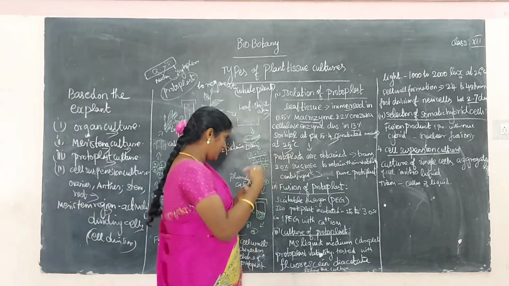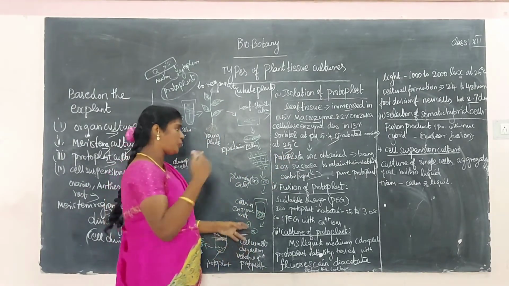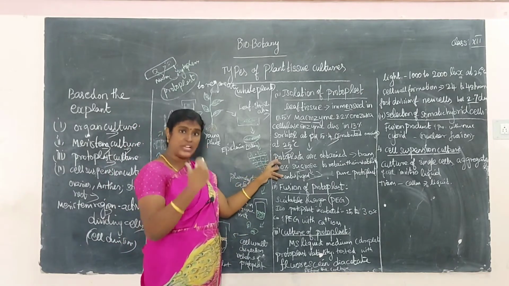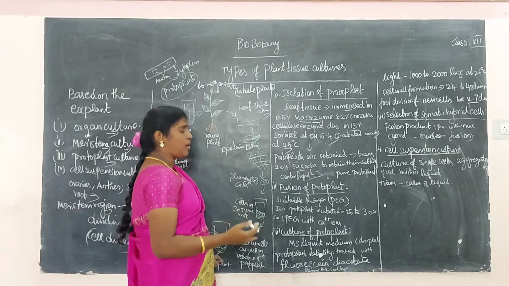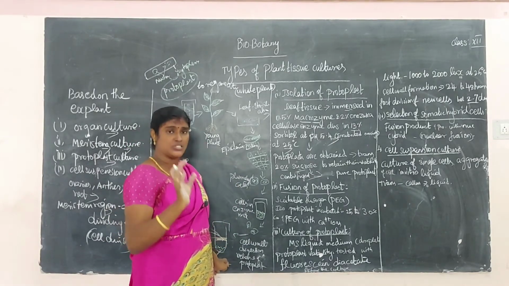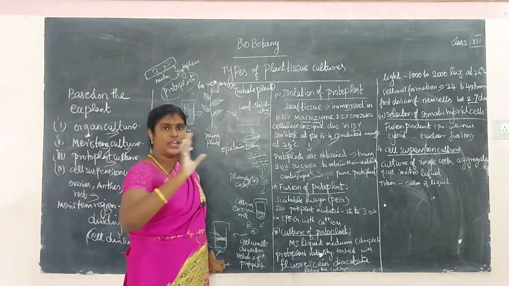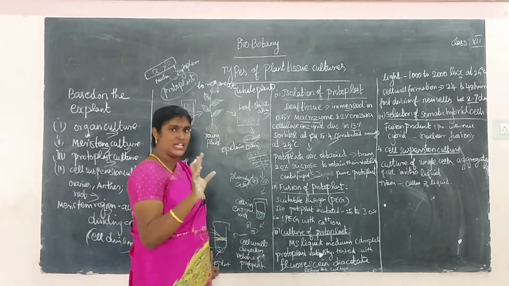Next, the cell walls are digested and the protoplasm are released. The protoplasm are obtained from the test tube; we have obtained everything from the test tube. Next process is the viability test. Viability test means checking whether the protoplasm are alive or not. This is called the viability test: live cells or dead cells.